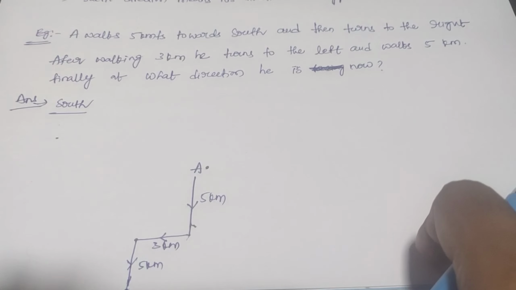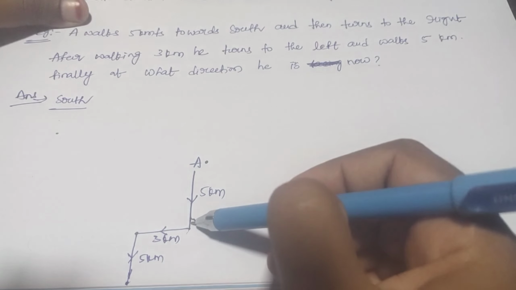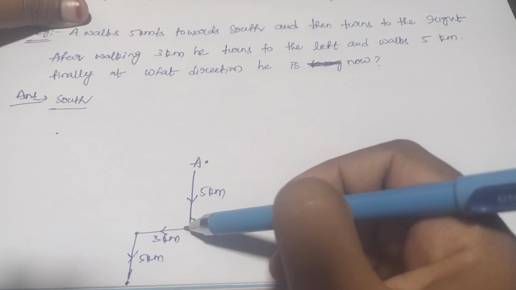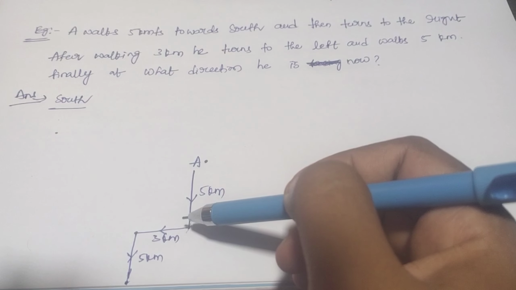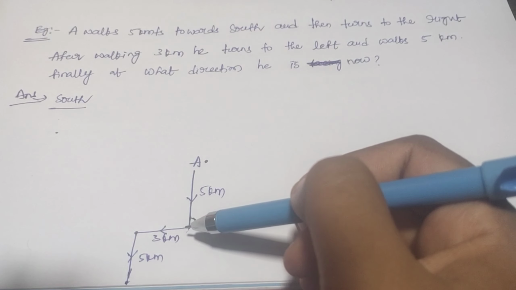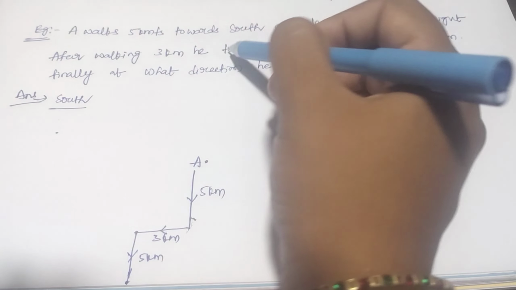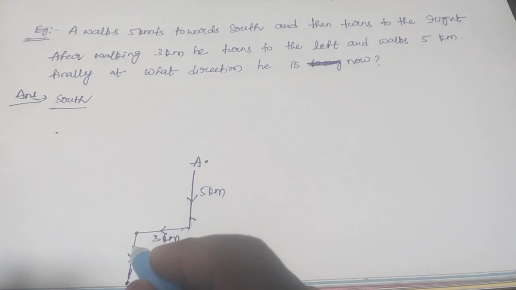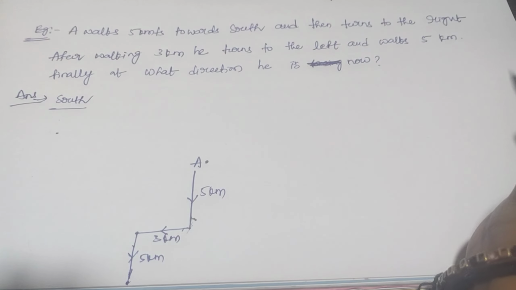I'll explain one more time. A walks 5 kilometers towards south, and then turns to the right. Now A is in south direction. His right is ours left, right? So we have to go to the left side of ours. After walking 3 kilometers, he turns to the left and walks 5 kilometers.